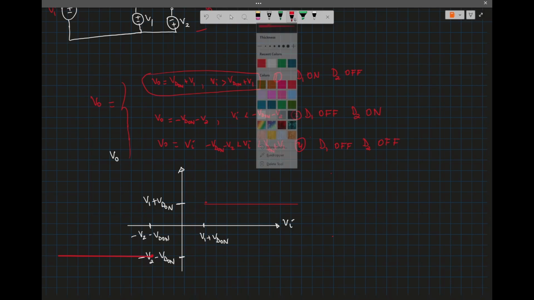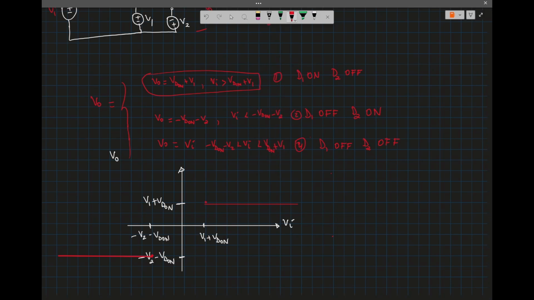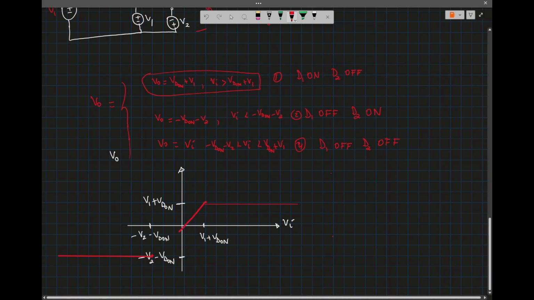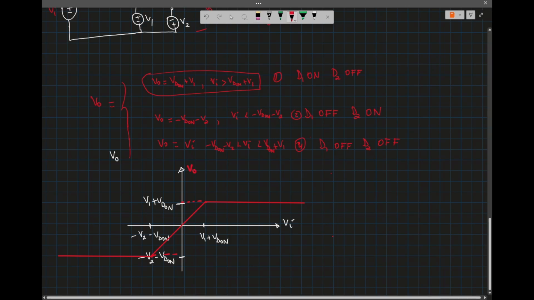That is the transfer characteristic, V out as a function of V in.